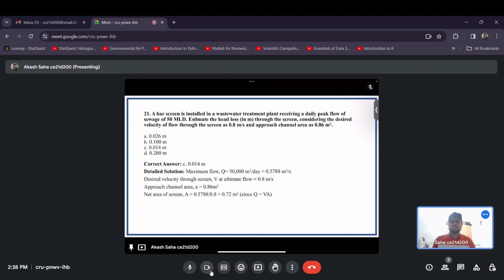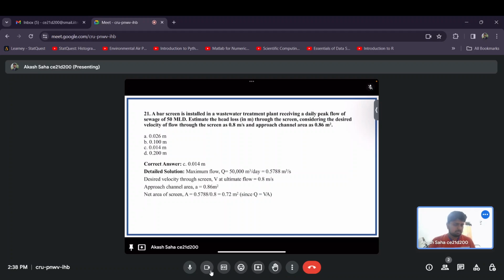My net area of the screen will be the flow rate divided by the velocity. That is how much wastewater is passing through the screen. So the net area of the screen we have found is 0.72 meters square, since the discharge is equal to velocity into area.